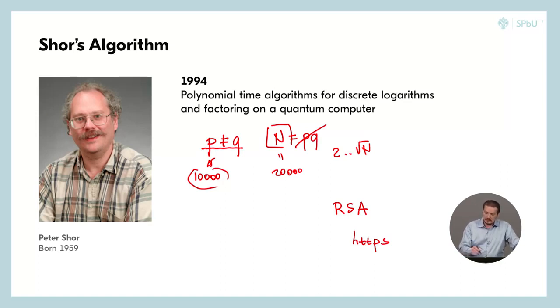Now, this algorithm, the RSA, was invented in 1973 by English scientist Clifford Cocks.